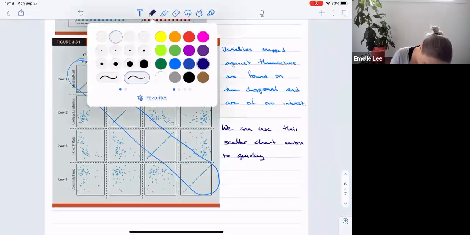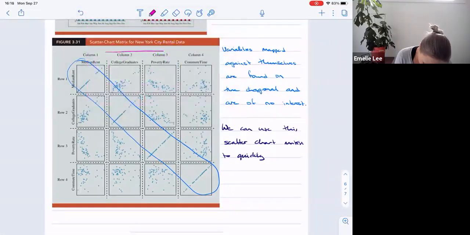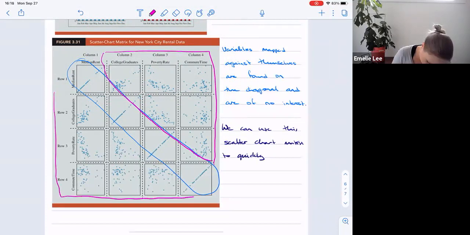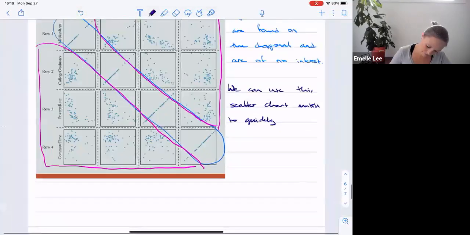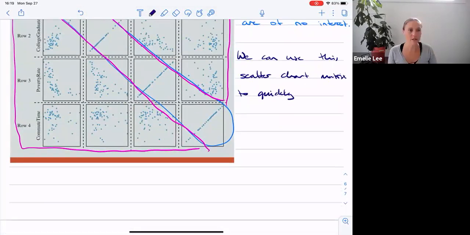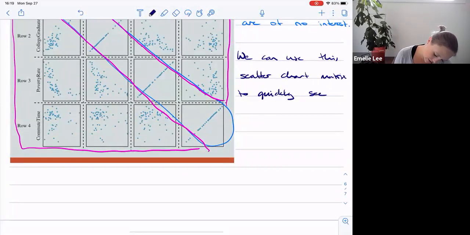In fact, I'm going to zoom out, right? And so here, we only need to look at one of these. So we can use the scatter chart matrix to quickly see relationships between variables.